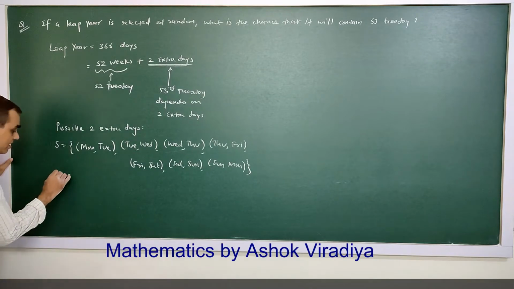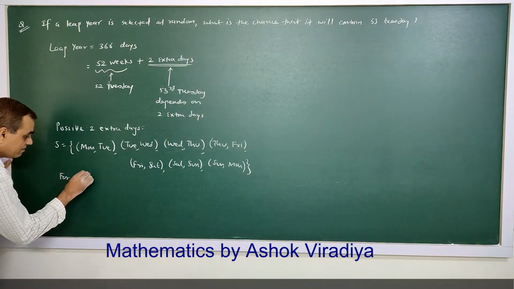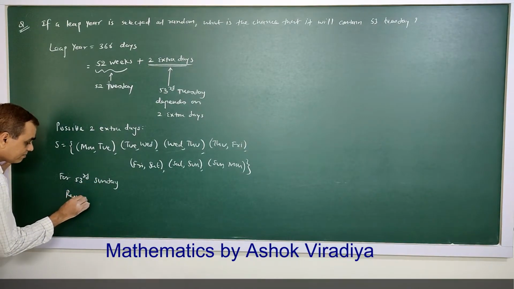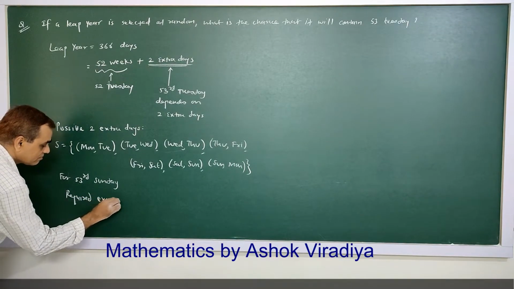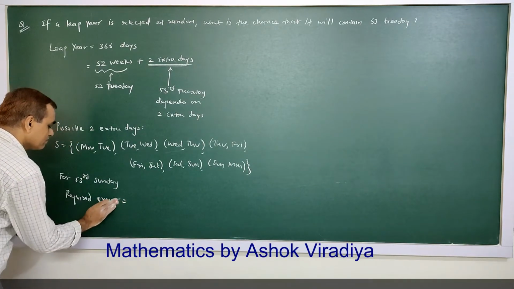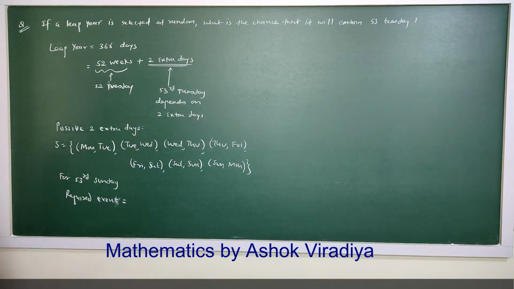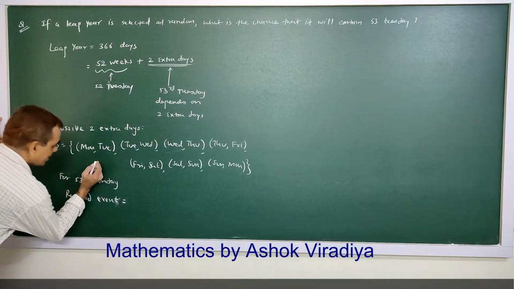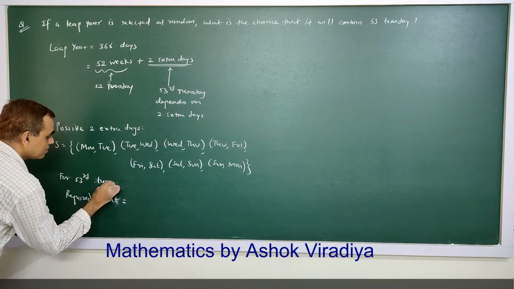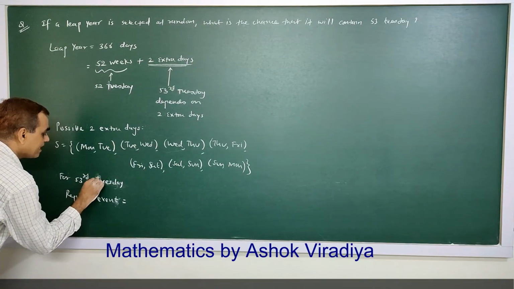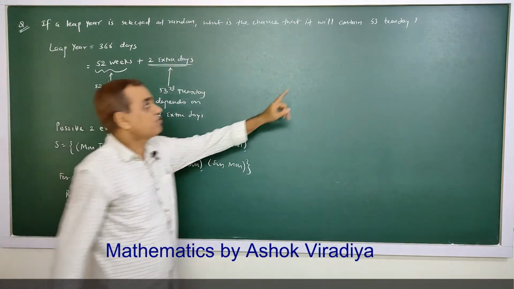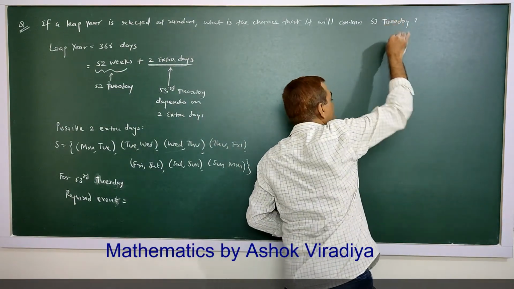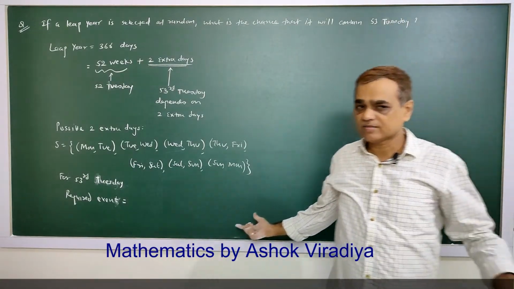Now for the 53rd Tuesday, the required event is Tuesday. We are asked about Tuesday. See, any day can be given. In this question, instead of Tuesday, if you are given Sunday, Monday, Wednesday, any day, the calculation will not be affected.